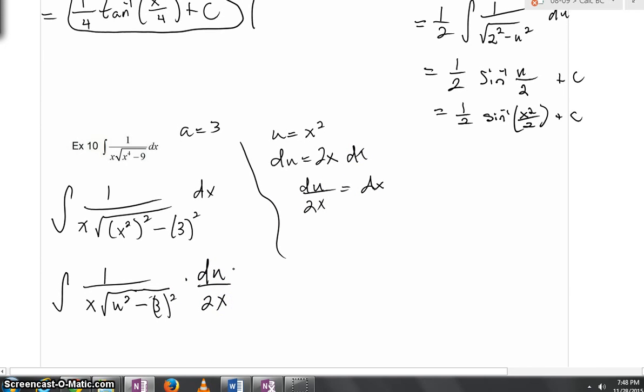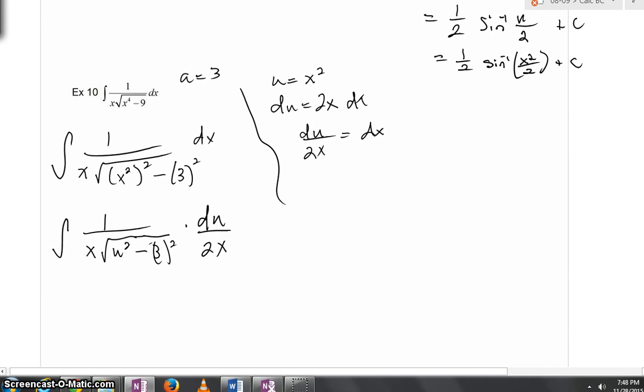And I think it's at this point where many students get very upset. They'll be convinced that something went wrong, namely because they're going to notice that the x's do not cancel. And this is going to be the case for an inverse secant integral. First of all, notice we do have that 2 down there. We can pull the 1/2 out. And it is definitely true that the x's do not cancel.